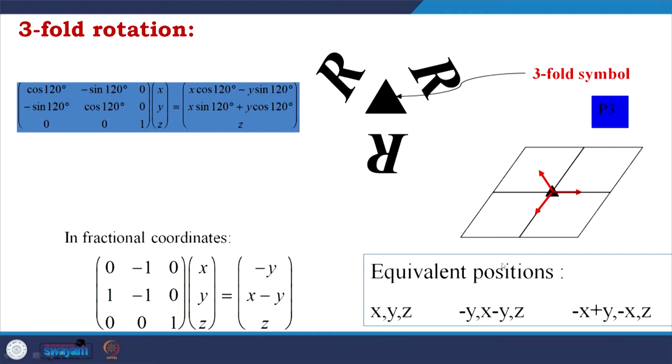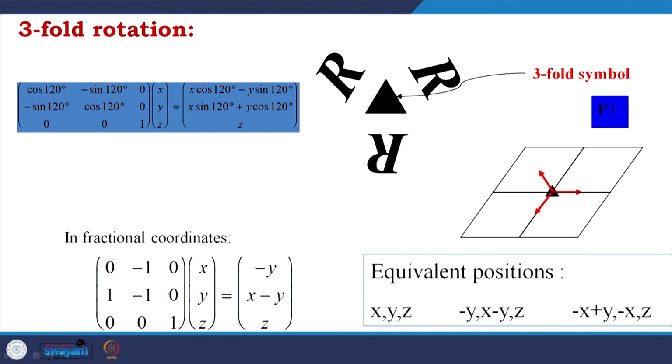Threefold rotation, as you see in the matrix, here you will see the changes, and in the fractional coordinates you will see x is converted to minus y, y to x minus y, z is not changed.